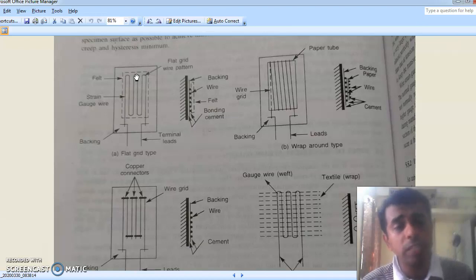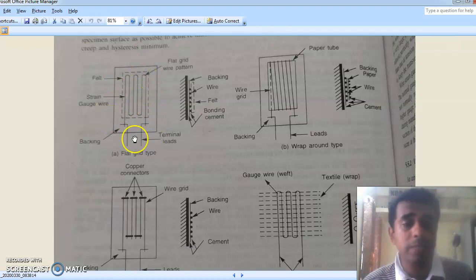That is why designers always try to keep the lateral strain or the cross sensitivity less than 2% of the longitudinal sensitivity. So we have to keep the bends as small as possible, and make this as long as possible. Now this is glued using some insulating adhesive to some backing.